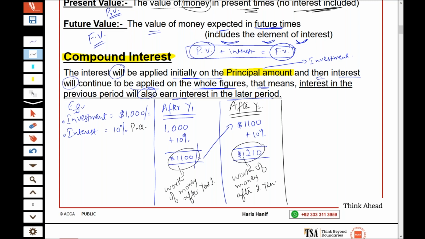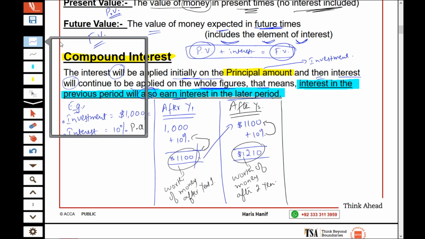See that this 10% is applied on 1,100, and this 1,100 already includes interest. So interest earned in the previous period will also earn interest in the later period. That means interest will be applied on the interest. Interest will take the multiplier effect.